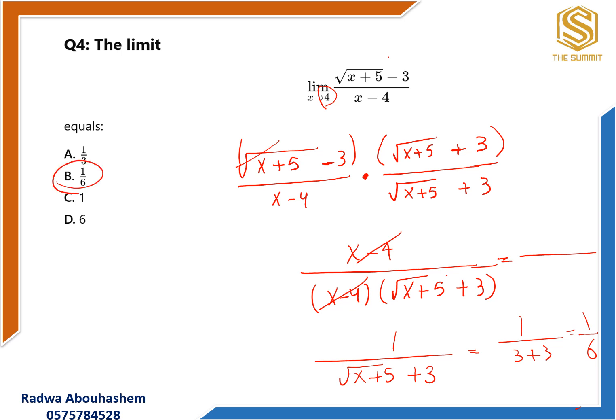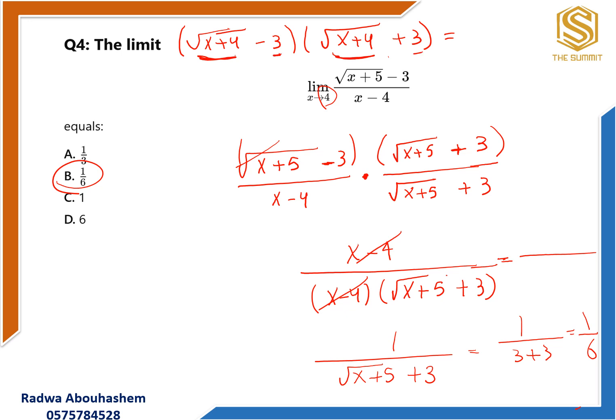So let me again remind you how to solve these kinds of questions. Again, for example, if you have the square root of x plus 4, minus 3, multiplied by the square root of x plus 4, plus 3. How are you going to solve it? You just multiply this part by this part and this part by this part.